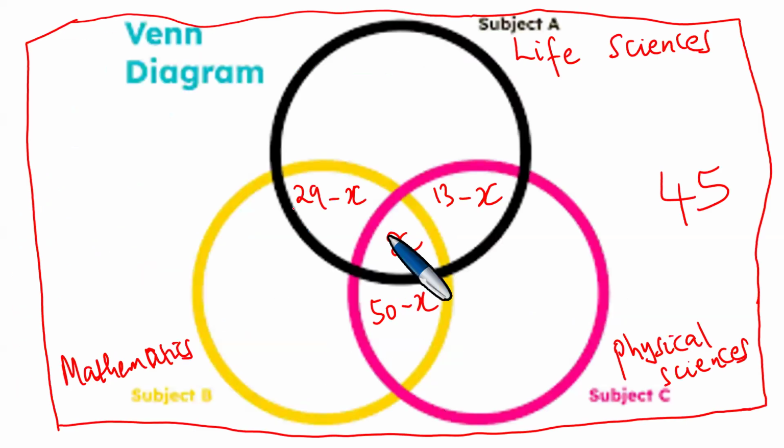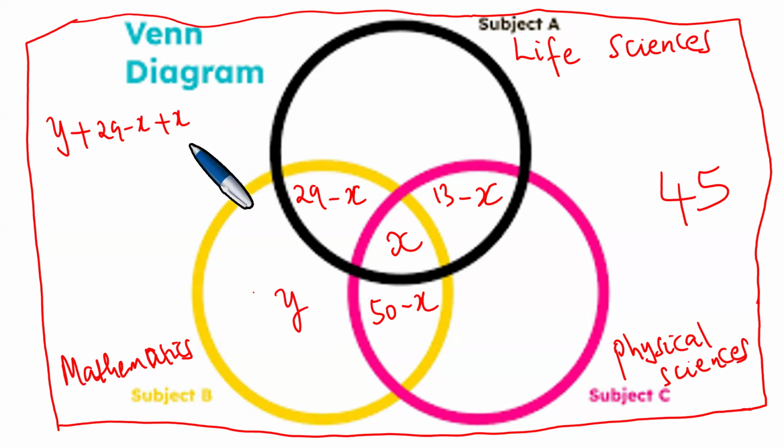So in other words, if you add everything here in mathematics, you must get 111. So put a Y here, like that, and then do some rough work and say Y plus 29 minus X plus X plus 50 minus X is equal to 111.